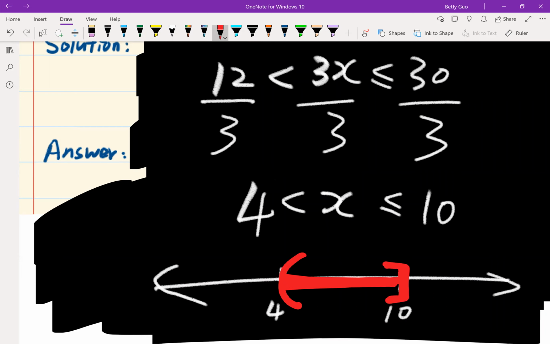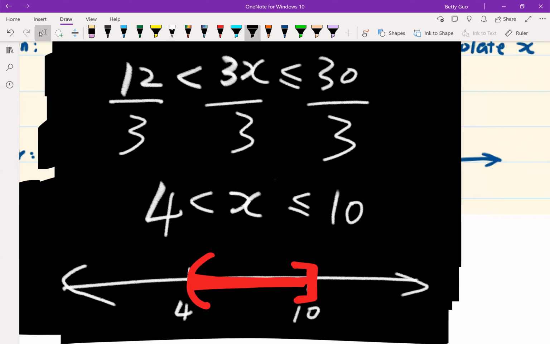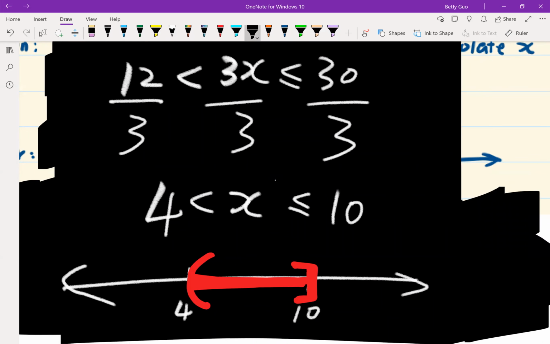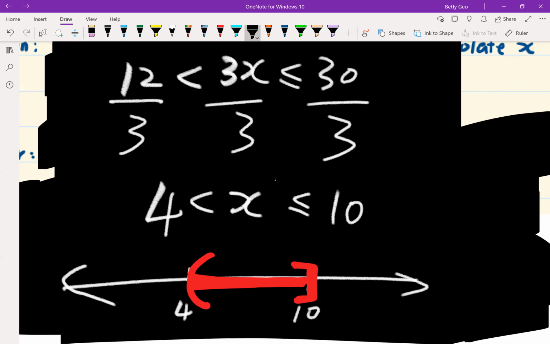So the solution set in interval notation is (4, 10], open, closed. Any question about this problem?